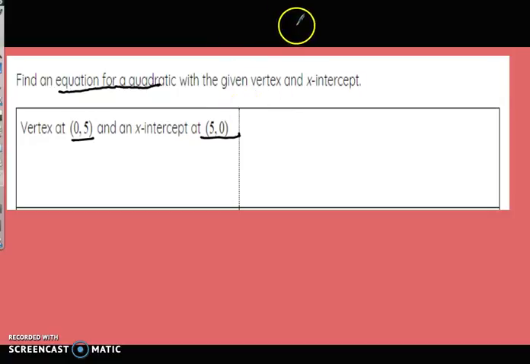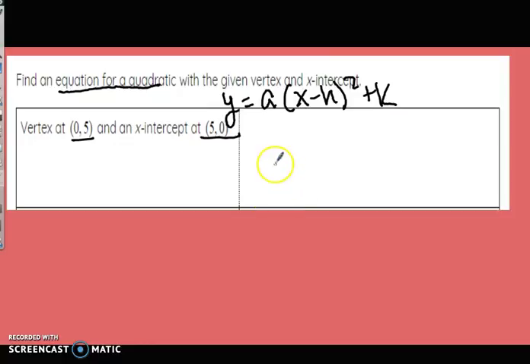X plus 5 squared. X plus 0. Okay. Put it in vertex form. Y equals a(x minus h) squared plus k. Okay.